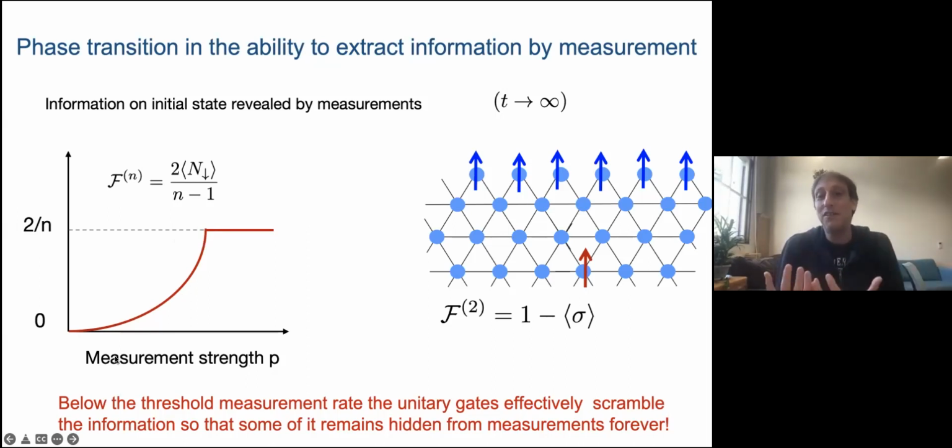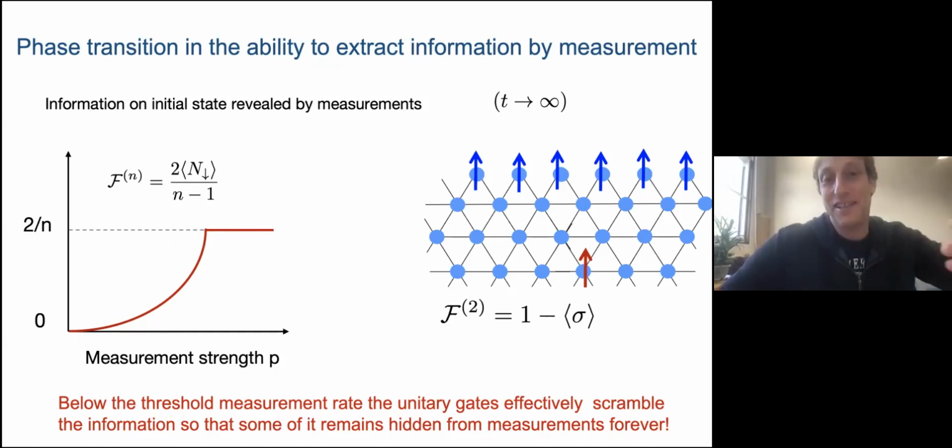And this missing information is telling me that the circuit is effectively hiding information from me. So this is again the emergent error correcting code that is hiding information and thereby protecting it from measurements.